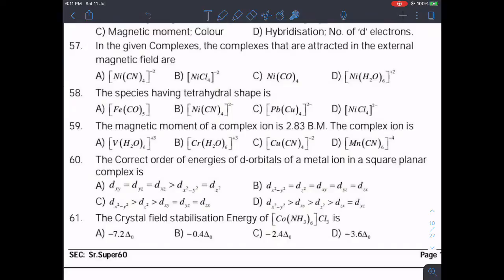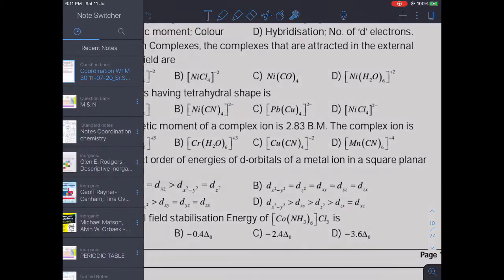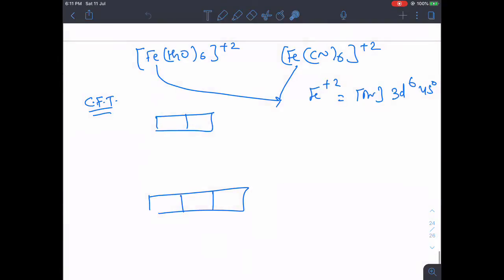Let us talk about coordination number 4 first, considering the example of NiCl4 2-. So what is the oxidation state here? Nickel is plus 2. So what will be the configuration of nickel plus 2? 3d8.